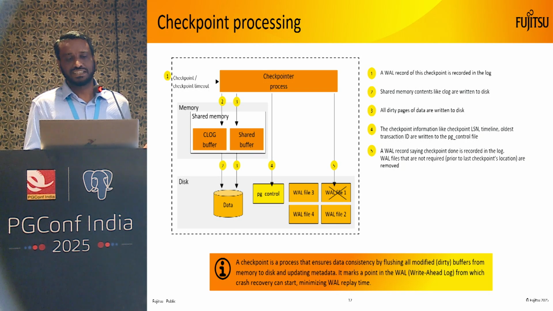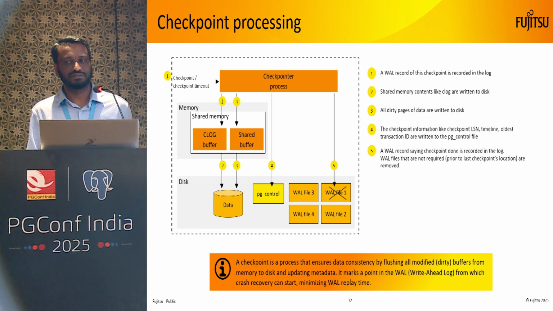So now we had a lot of dirty page changes for the DML operations that were going on. That will be done by the checkpointer. Based on the checkpoint timeout that we have specified, the checkpointer process will wake up and flush the dirty pages to disk.